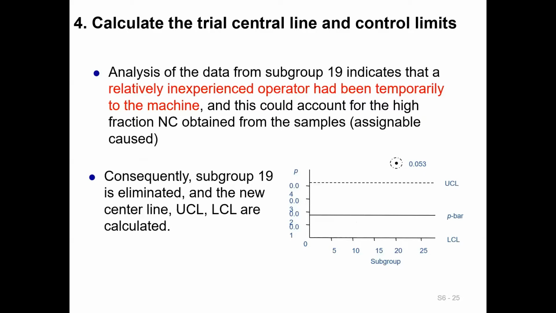For example, someone investigates the process setting or process performance at subgroup 19 and it indicated a relatively inexperienced operator. The fraction non-conforming, the P, is so high because on that particular day, an inexperienced operator was running the machine. So that is an assignable cause, an inexperienced operator. Therefore, we can remove this point now.